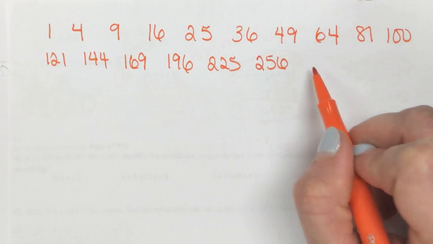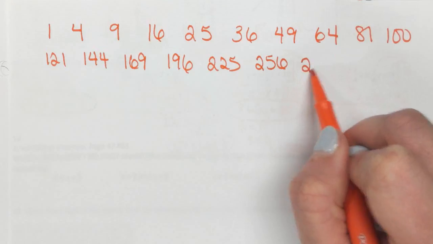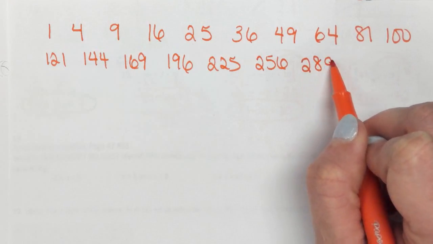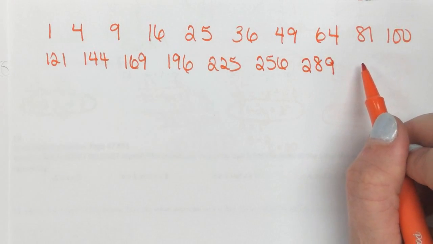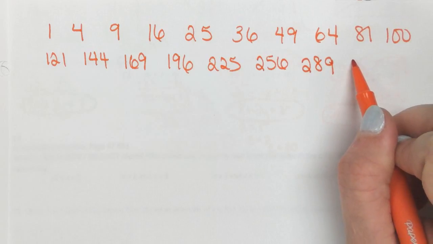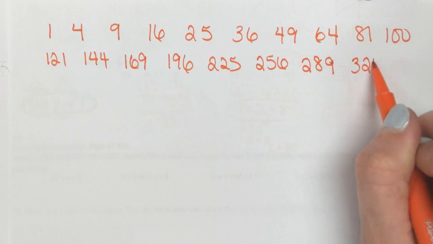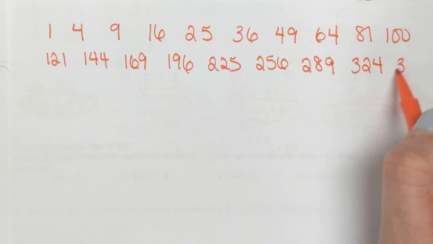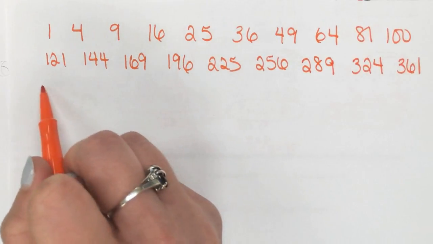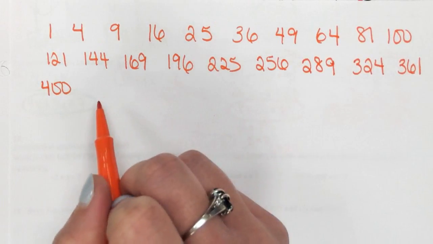There you go. The next one's 17. 289. There you go. 18, 324. 19, 361. 20, 400. Ooh, we all knew that one, didn't we?